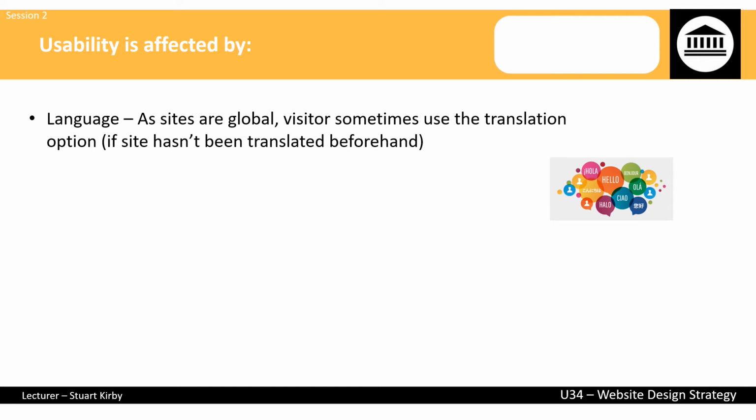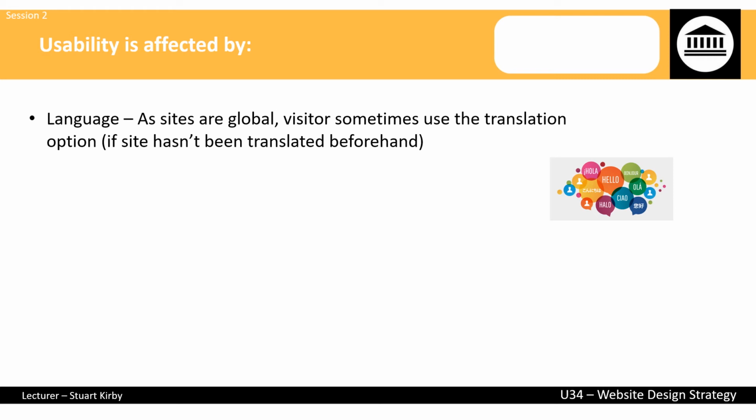Large companies with large budgets actually have all their websites translated properly. So big companies will have a German website made, a French, a Spanish website, but small companies will just have to rely on the Google Translate feature.